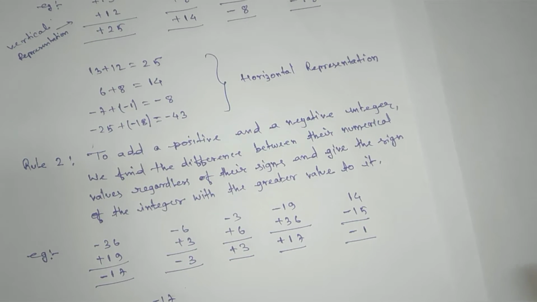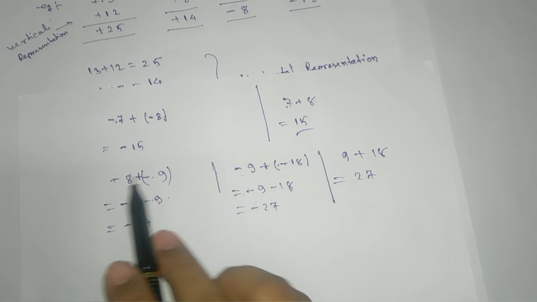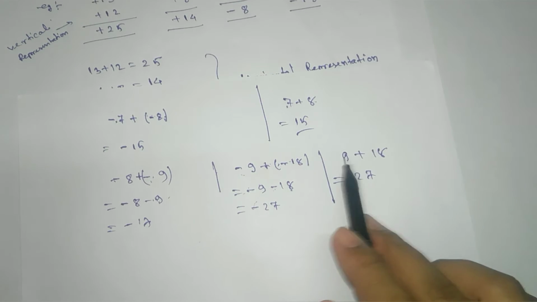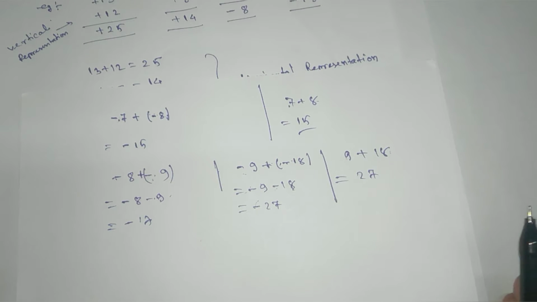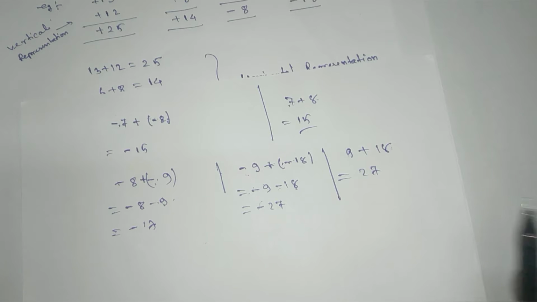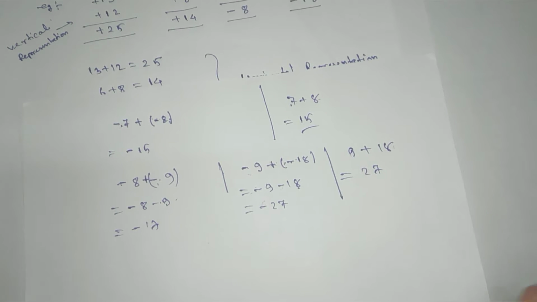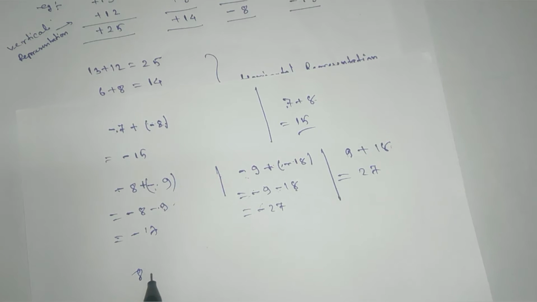Rule number 2: to add a positive and a negative integer. Till now what we have done is, both negative or both positive, we applied the first rule: we add and put the symbol they carry. Now you may think, sir, if it is plus 8 and minus 8 and we add, what do we get?